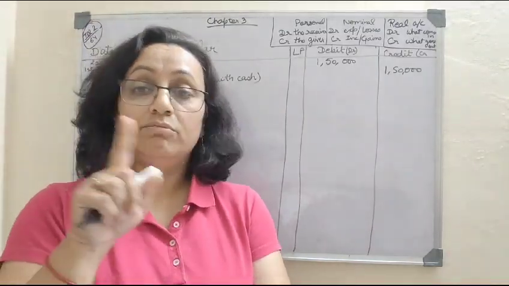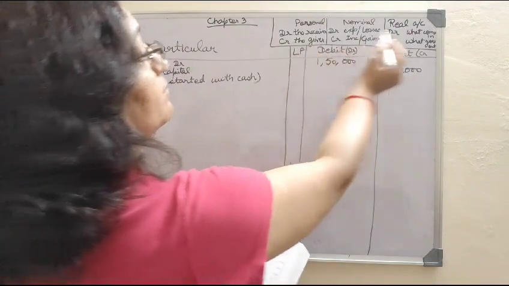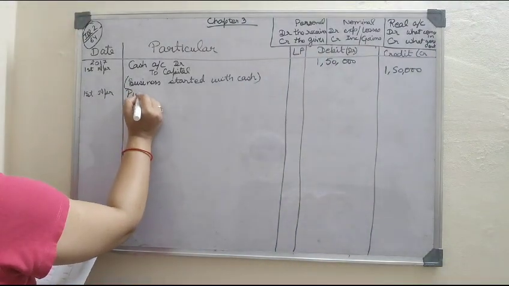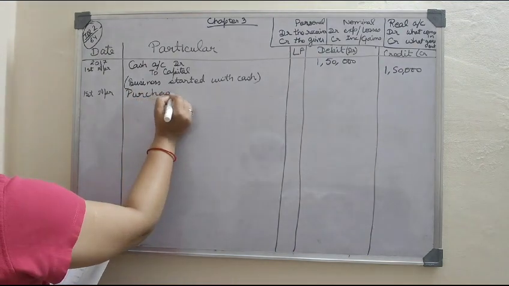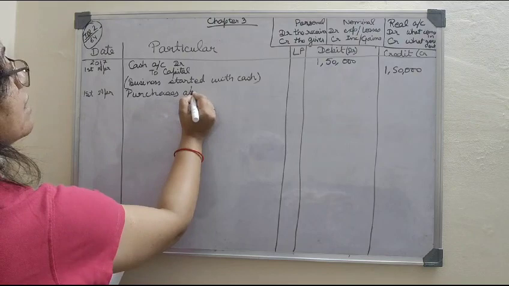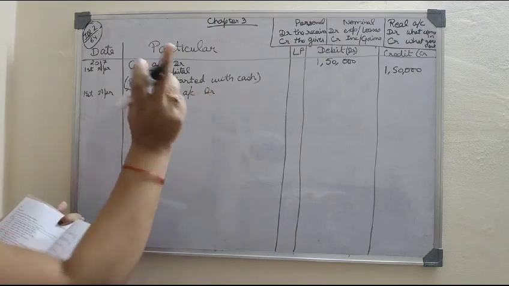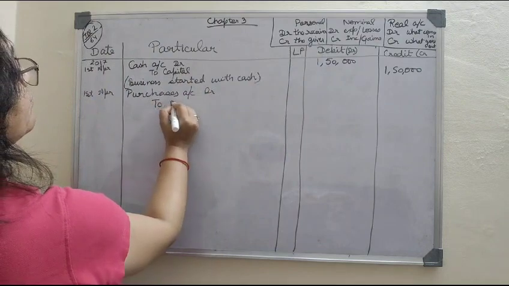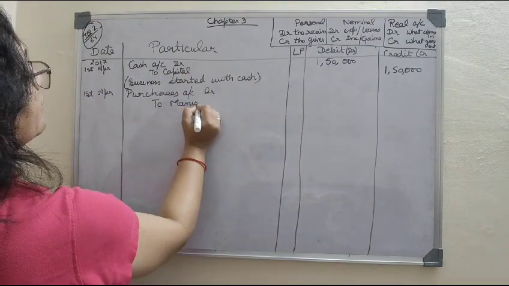So what has come to us? Debit what comes in? Goods, right? So in journal entry we don't write goods, we write purchases. So we have purchased goods, purchase account debit. From whom? Credit the giver. From whom we have taken? Manisha. Okay.